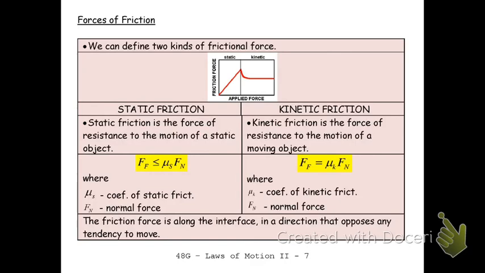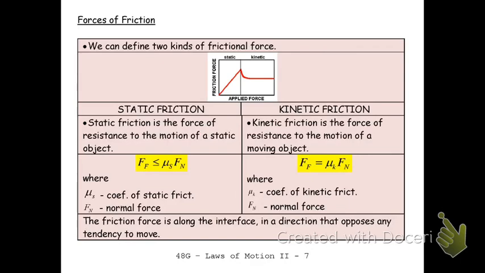If I imagine sitting a block onto a surface, although it might look smooth, microscopically there's a whole bunch of valleys and cliffs, and so if I let the thing sit there, it's pretty well enmeshed, and as I pull it to the side, it's got to kind of work its way out. And once it's free, it'll bounce over the top, but it won't be as enmeshed as when it's sitting there.